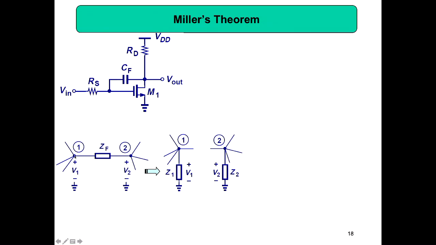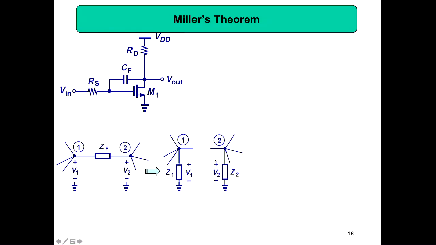If 1 milliamp is going in, then 1 milliamp is coming out. So from here, 1 milliamp should go through this Z1 and then come to the ground. And 1 milliamp should come from ground through this Z2 to this point. Then your splitting is correct.